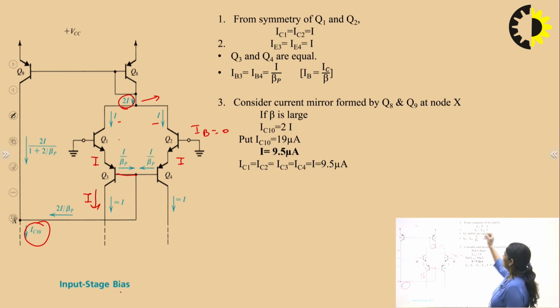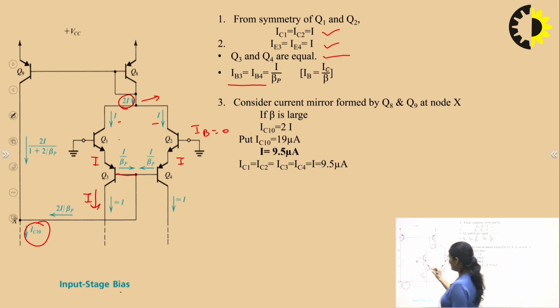From the symmetry of Q1 and Q2, IC1 is equal to IC2 is equal to I, and I3 is equal to I4 is equal to I, and Q3, Q4 transistors are also equal. So you can see IB3 is equal to IB4.